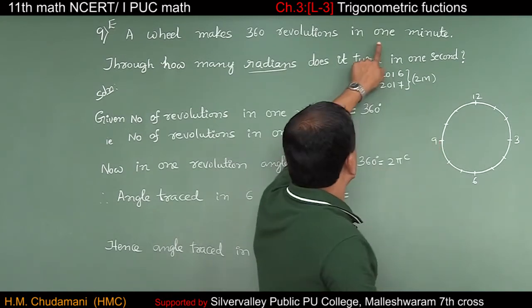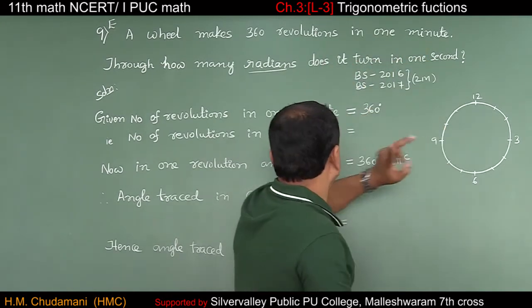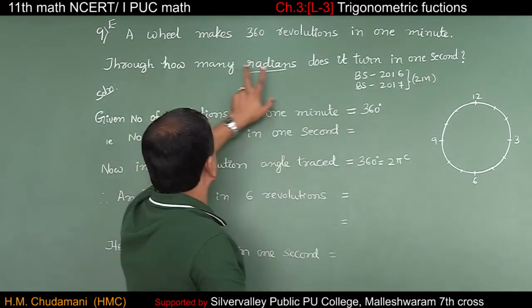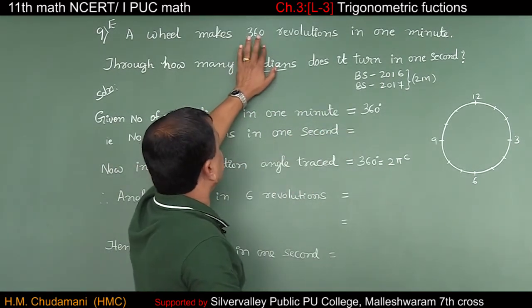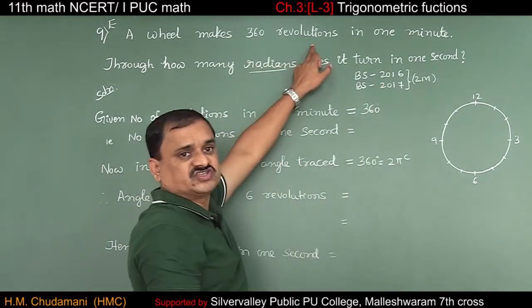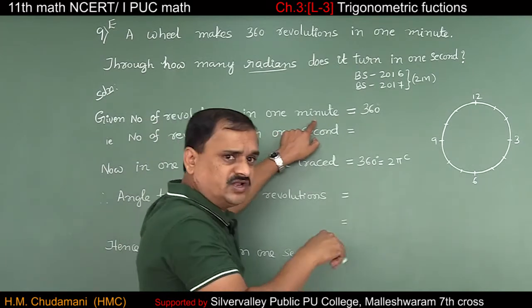Okay. So minute hand, in 1 minute, number of revolutions in 1 minute is 360. Number of revolutions is 360 they have given. So number of revolution in 1 minute.